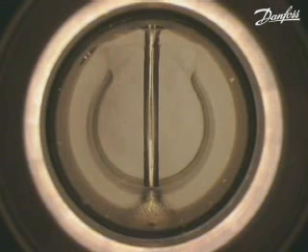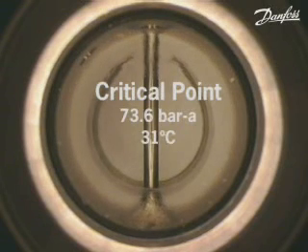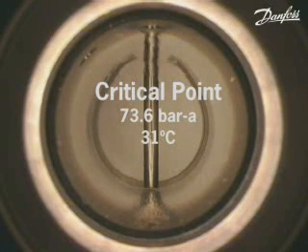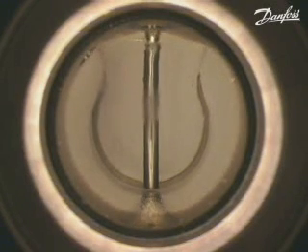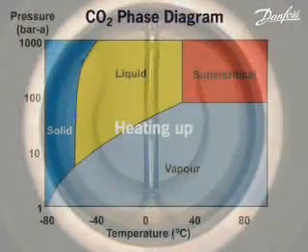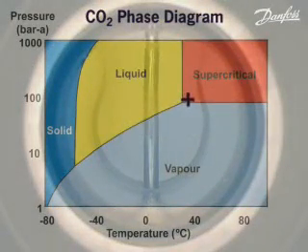CO2 now exists at a pressure of 73.6 bar absolute and a temperature of 31 degrees C. After a further small increase in temperature, all the CO2 present in the cell is now in the supercritical phase.